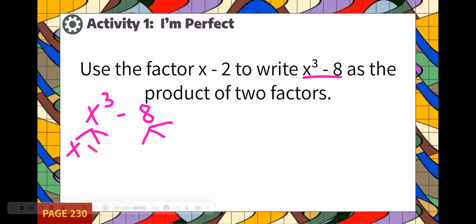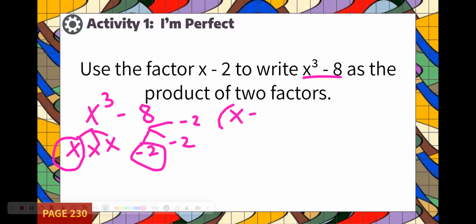So this would be x and x and x. Well, this one is negative 2 times negative 2 times negative 2. So first set is x and negative 2. So I'll put x minus 2, which is based on the statement, we're using x minus 2 as one of the factors.